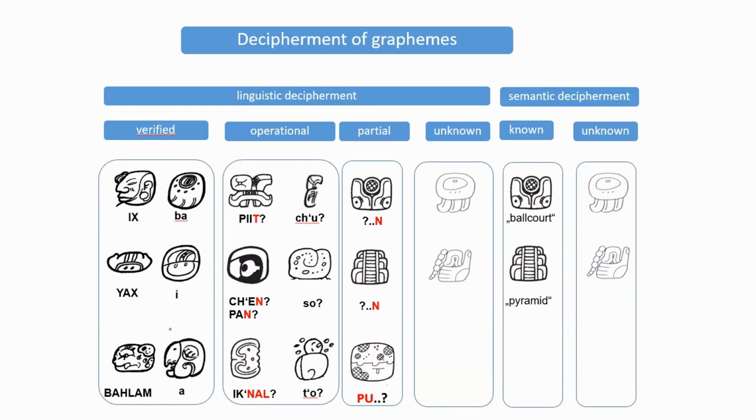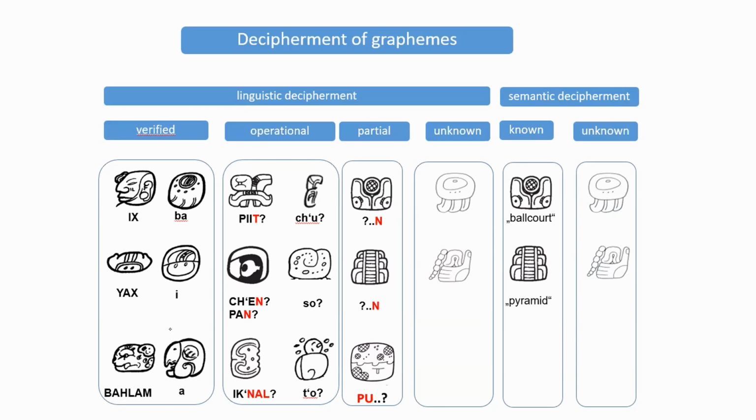That this glyph is very often ending in n, or is in the context of a cave. And this is the word for iknal. This is a spondylus shell, very famous, and so on. So we have quite a lot of operational readings that we have to handle in our project.